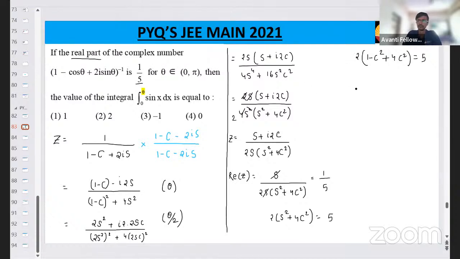So this will be 2 into 1 plus 3 cos square equals 5. So 2 plus 6 cos square equals 5, so 6 cos square will be equal to 3.